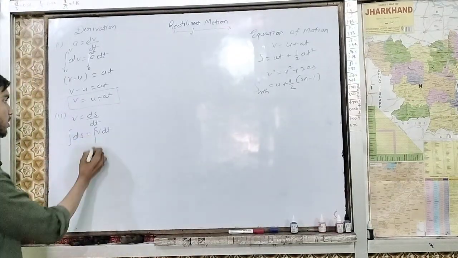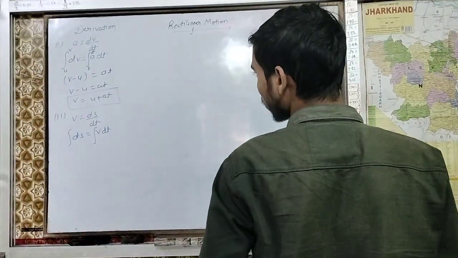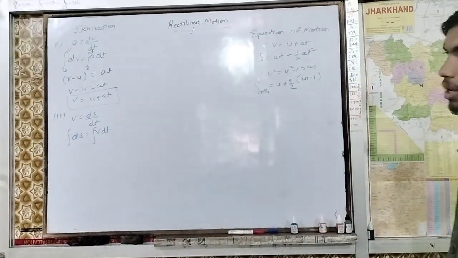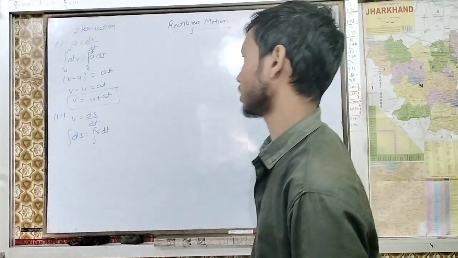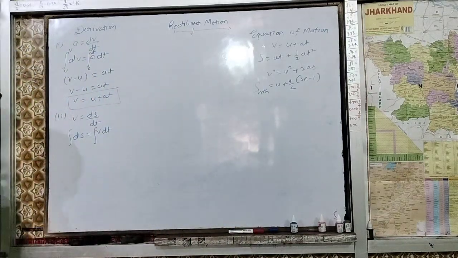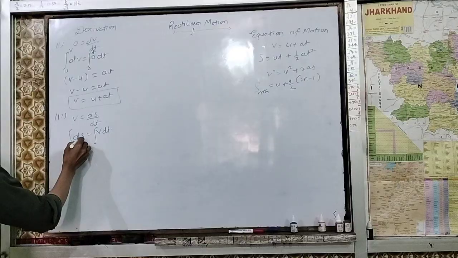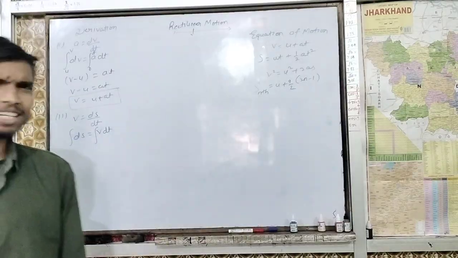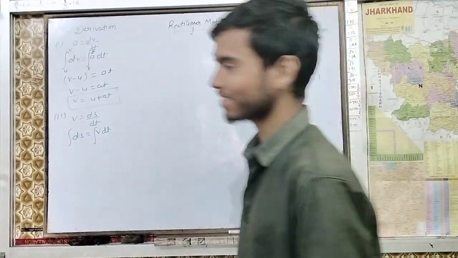Total displacement, not the total distance, but the total displacement. We can say position vector. Is it a displacement? If yes, then it should be initial and final.